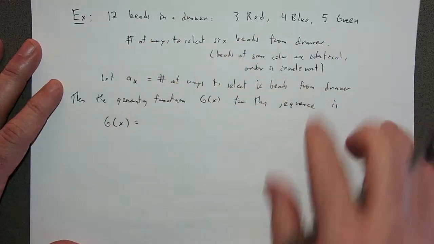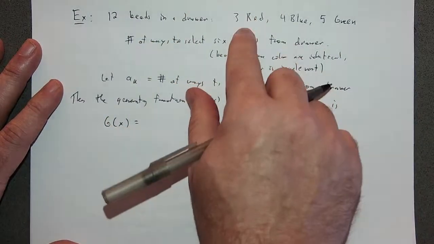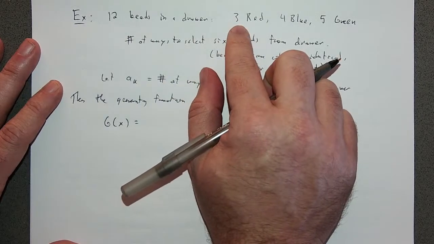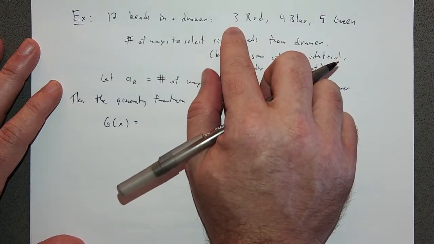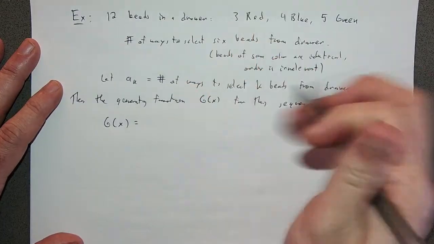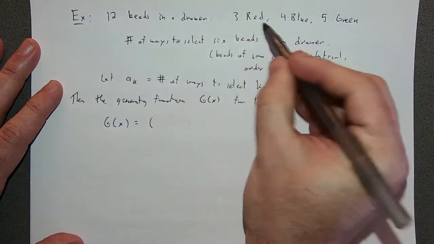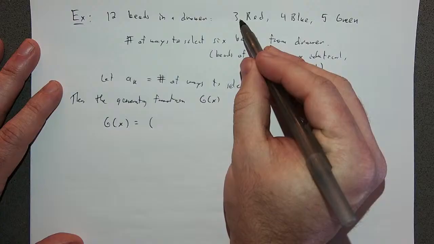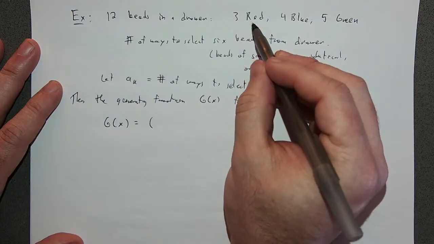So, selecting beads from a drawer. I can select how many red beads. I can either select 0, 1, 2, or 3. Okay, so whatever selection has been done, I either select 0, 1, 2, or 3.